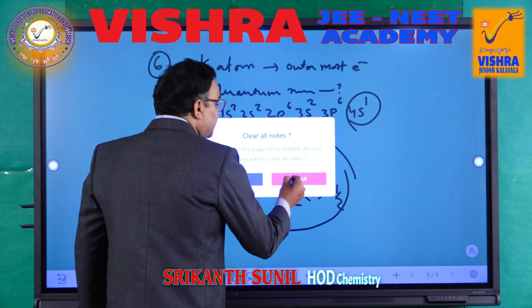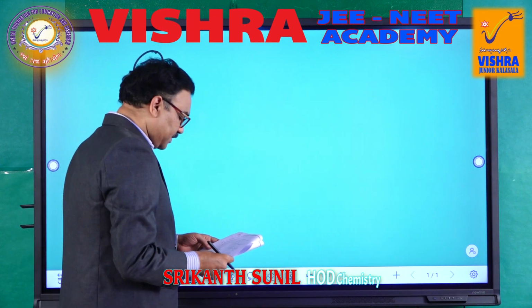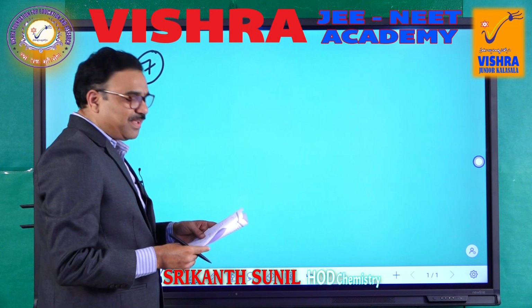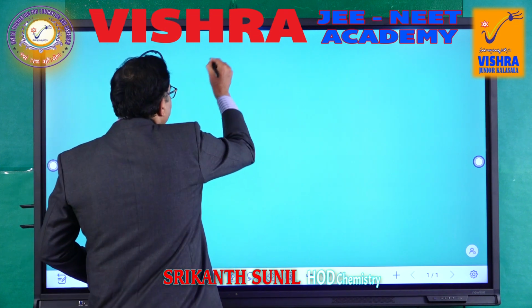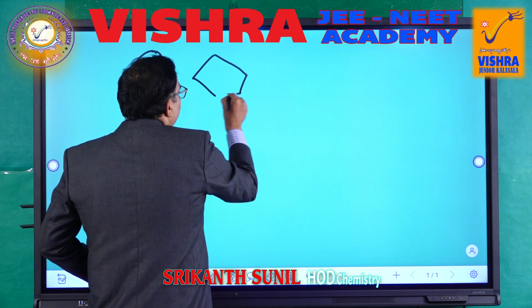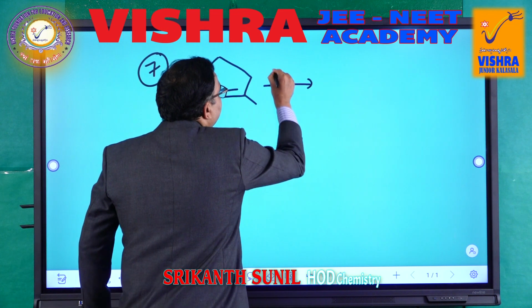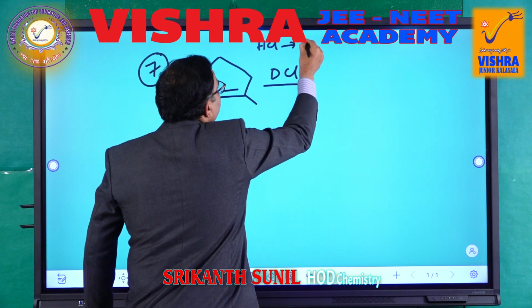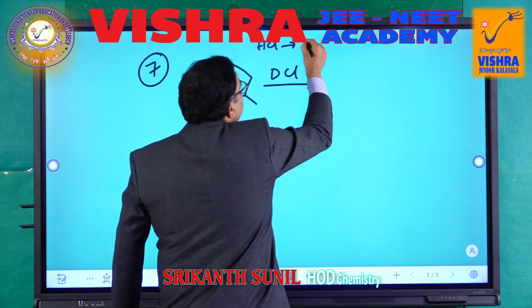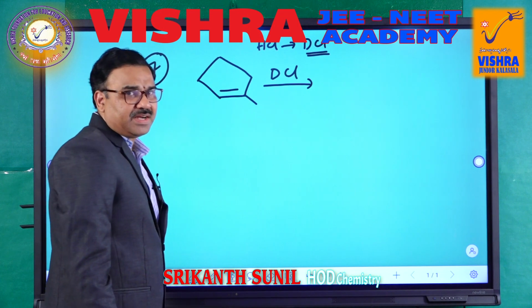Let us go to the 7th one, dear students. 7th question is based on Markovnikov addition. Don't worry about these structures; they look very big and complicated. But you are adding DCl. What is this DCl? All of you know HCl. DCl is heavy hydrogen chloride; you are using deuterium instead of hydrogen.